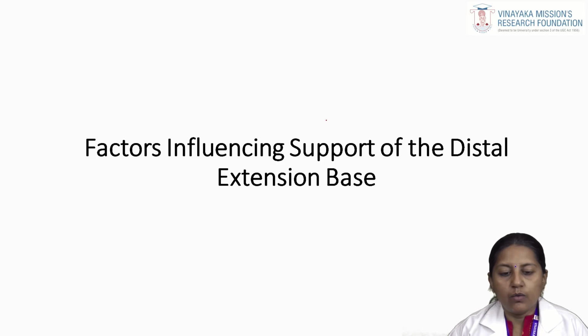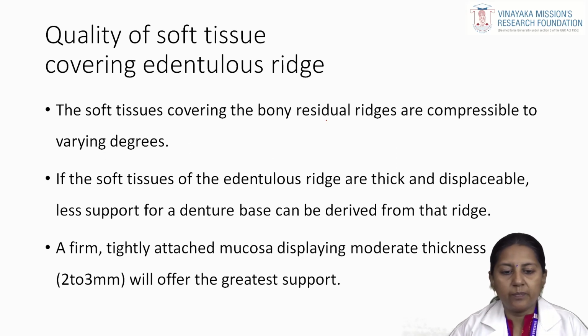Now, we will see what are the factors influencing the support of the distal extension base. So, the first factor is the quality of the soft tissue covering the edentulous ridge. The soft tissues covering the bony residual ridges are compressible to varying degrees. So, if the soft tissues are thick and displaceable, you get less support for a denture base, whereas a firm, tightly attached mucosa displaying a moderate thickness will offer the greatest support.